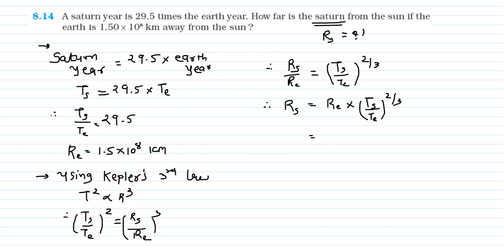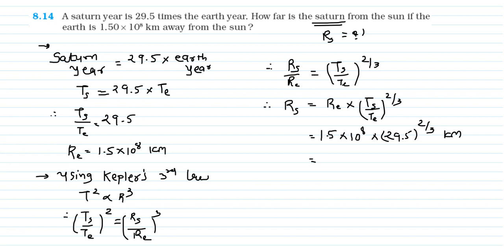Now tell me what is Re? That is 1.5 into 10⁸ kilometer, and Ts upon Te is 29.5, the power is 2/3. Your answer is in kilometer, right?